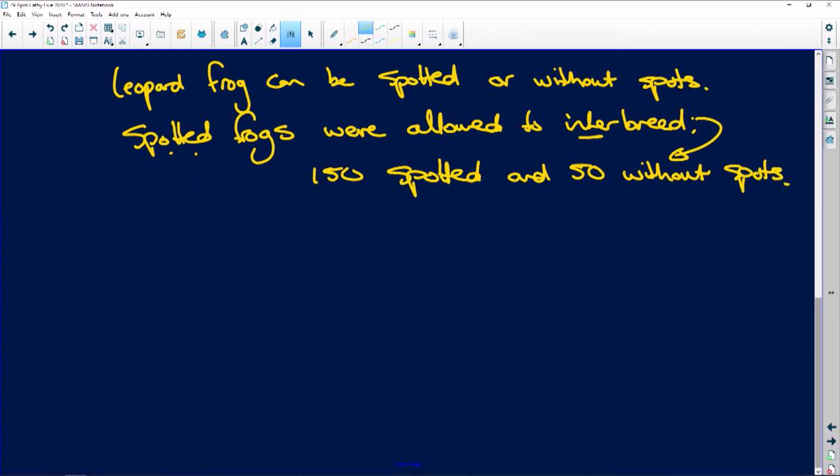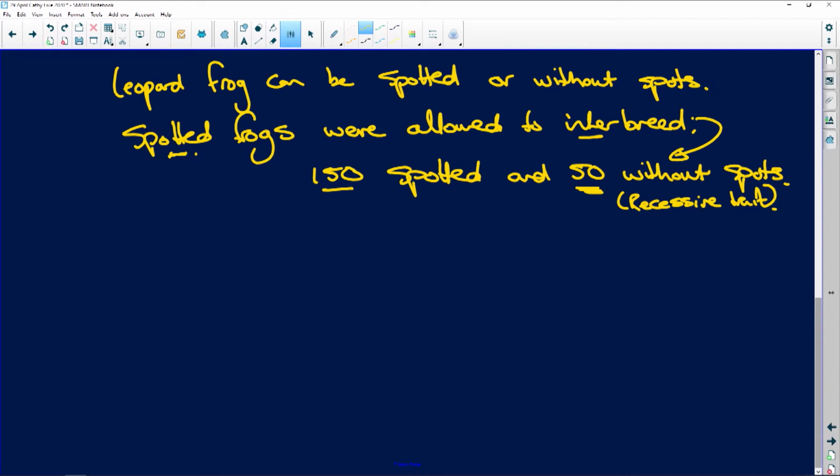So the parents were spotted, and they produced 150 spotted and 50 without spots. Immediately that tells you, just by reading, that this is probably the recessive trait. Why?